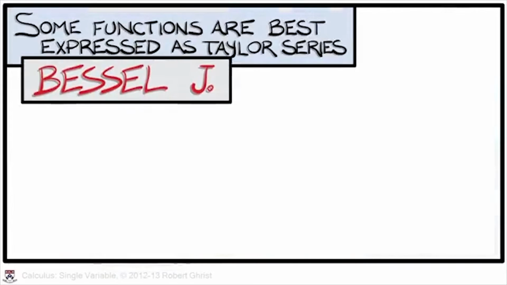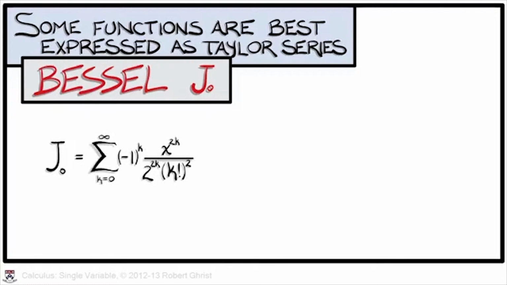Indeed, some functions really can't be defined well except as a Taylor series. Here's an example that I'll bet you've never seen before, though it's a famous function. This is the Bessel function, J0, that is most easily defined in terms of its Taylor series as the sum, k goes from 0 to infinity, -1 to the k, times x to the 2k over 2 to the 2k times k factorial quantity squared.